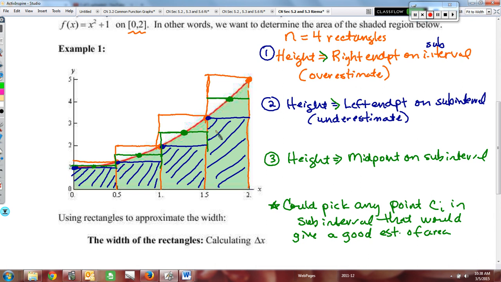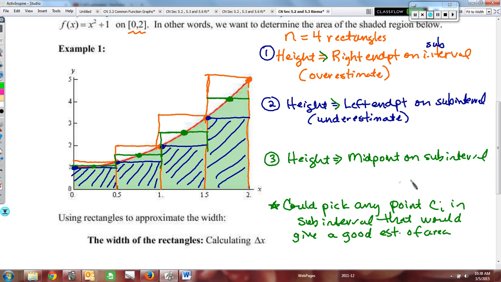Maybe the midpoint, or maybe I decide it might be better to be a little bit more this way, depending on how the function increases or what the shape of the curve is. So you could pick really any point in there, anything that you think splits it out, and then use the rectangles to calculate it.